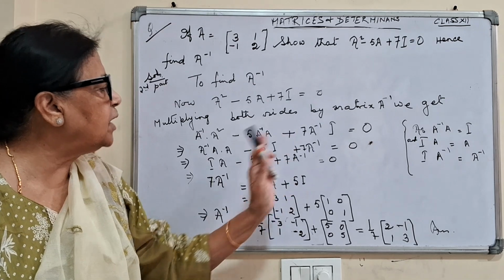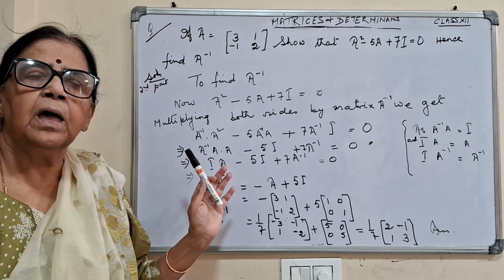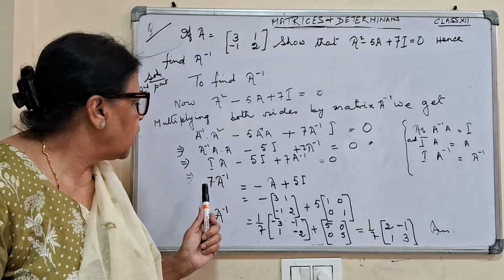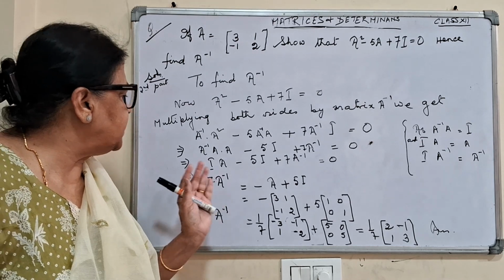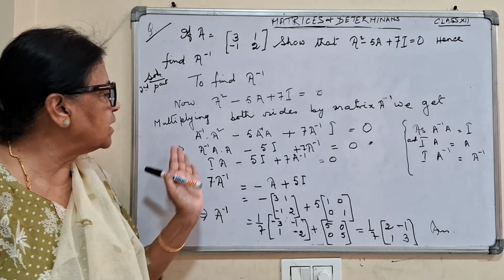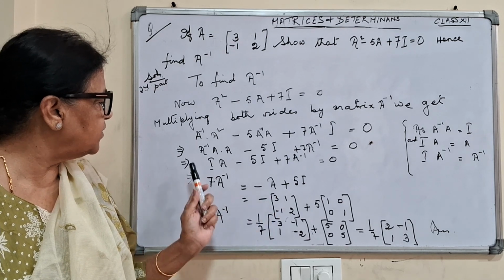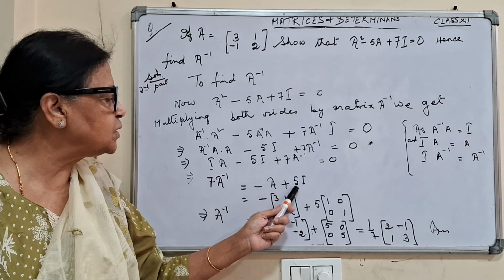So I have written here A minus 5I plus 7A inverse is equal to 0. I take the rest of the things to the other side, so 7A inverse is equal to minus A plus 5I.